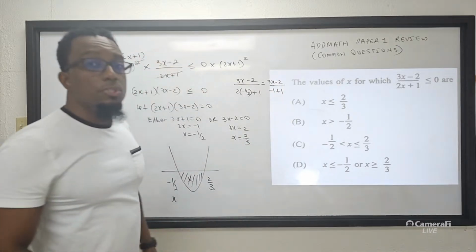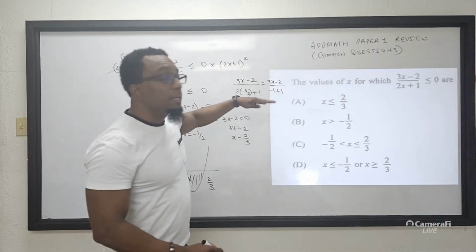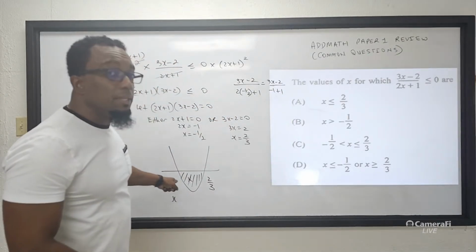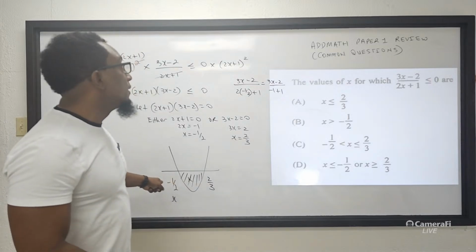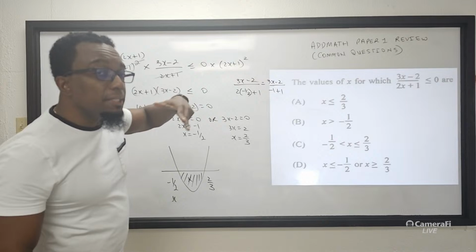Negative 1 plus 1 is 0. And once the denominator is 0 in a fraction, it means it's undefined, it doesn't exist, it can't work out. So minus a half certainly will not satisfy the inequality. If you substitute minus a half as I just did, you'll see where it will not satisfy the inequality.